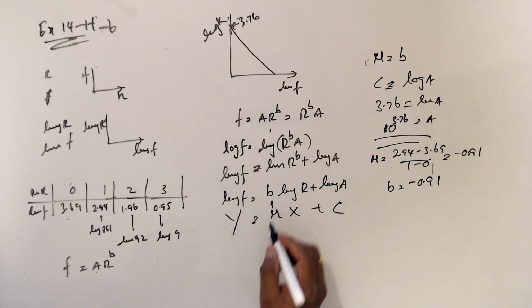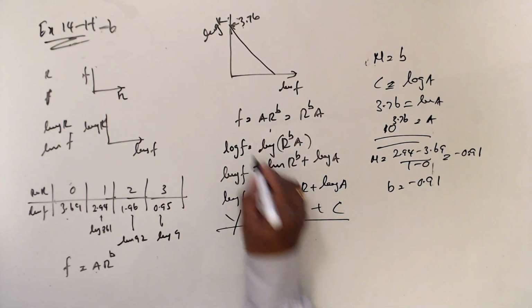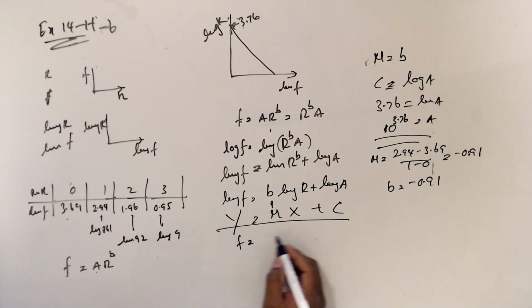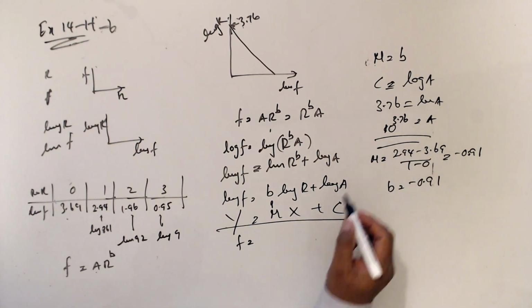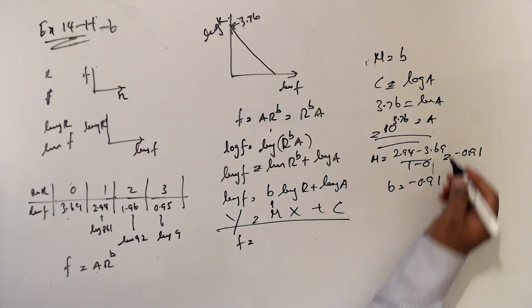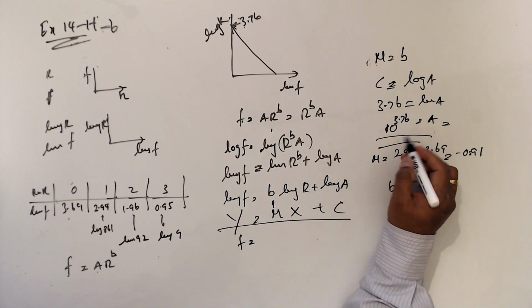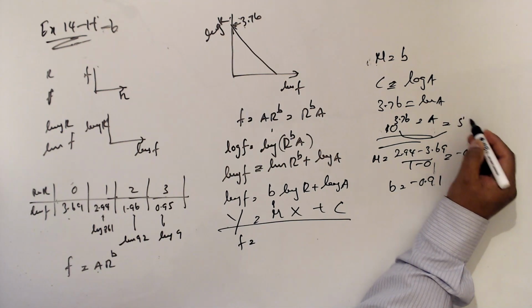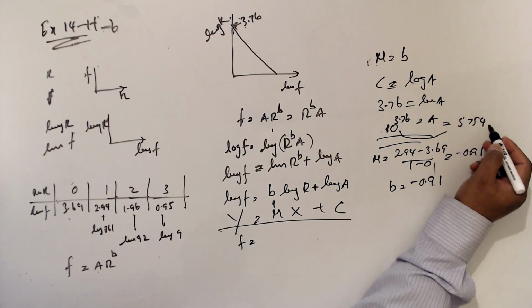So the equation is now f equals a, 10^3.76, this value is about 5754.